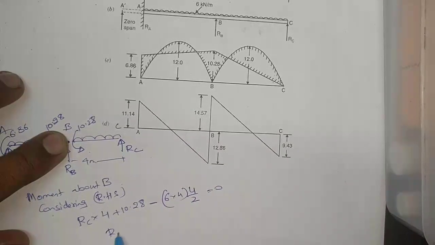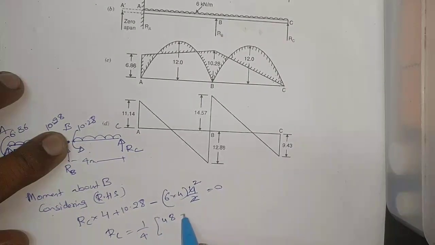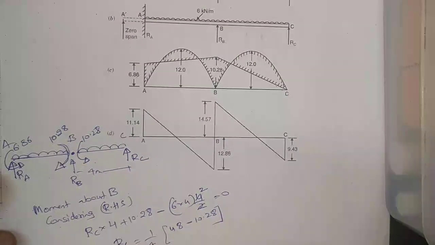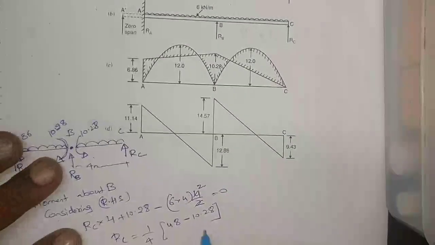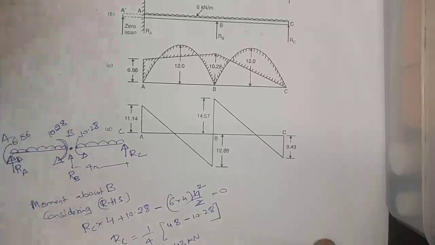So what you get is RC 1 by 4, 6 4s are 24 into 2, 48 minus 10.28. This is where you get 9.43 kilonewtons.